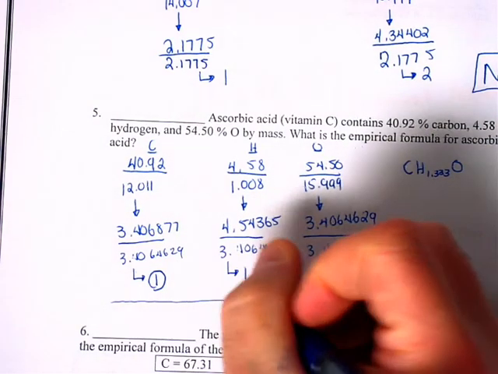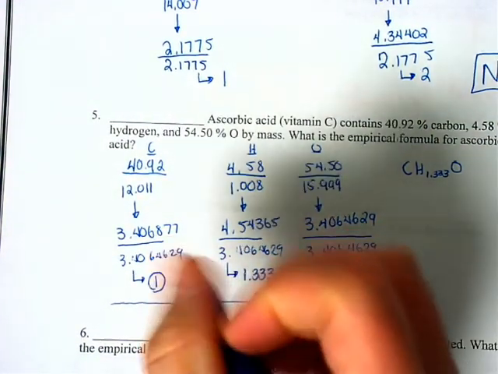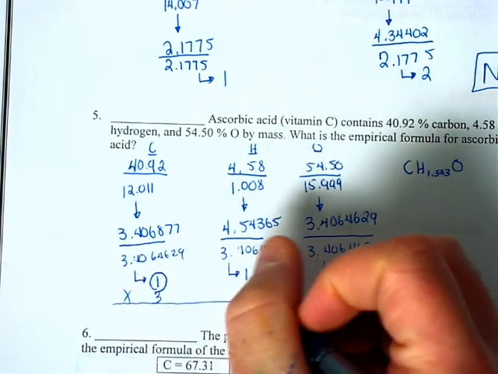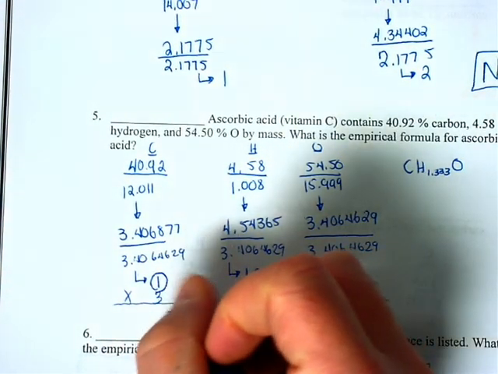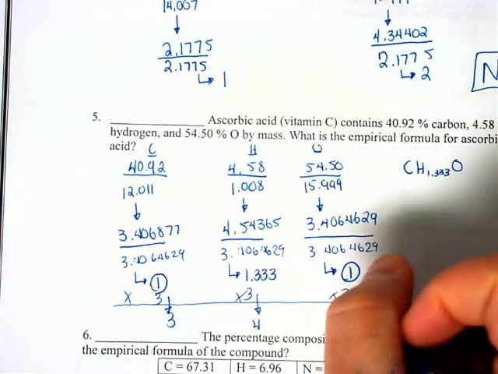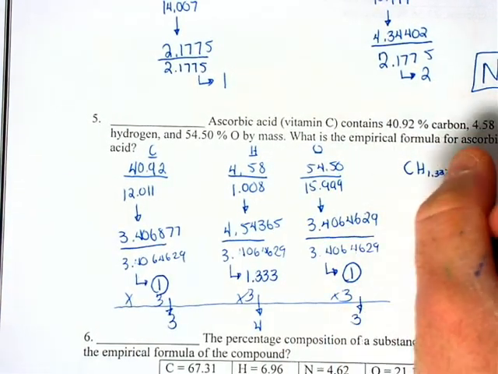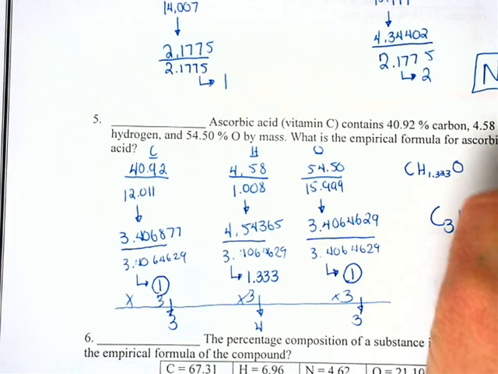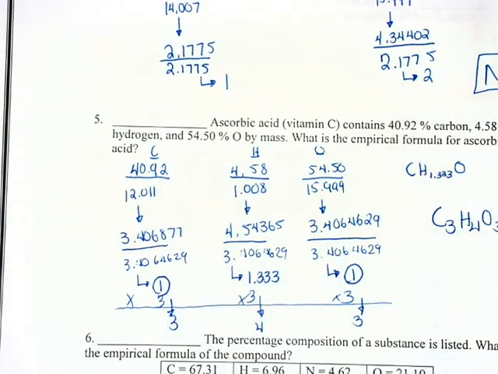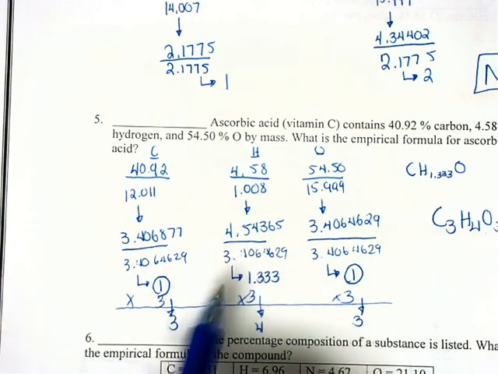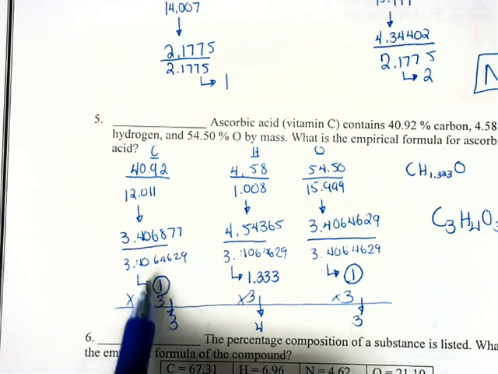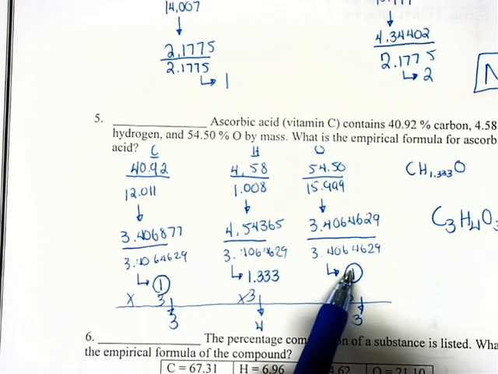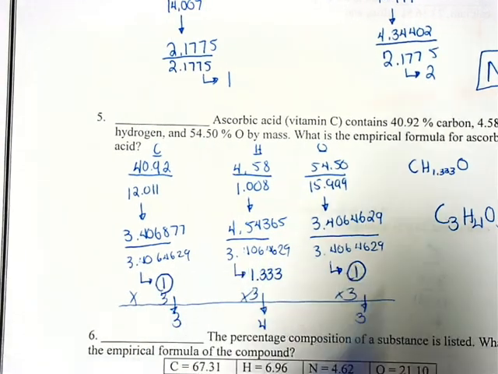So I could make it a 4, but since I'm multiplying everything by 3, because if you do it to 1, you've got to do it to all, that would make the carbons 3, and the O's would be 3. So this would be C3H4O3. Y'all see how we got that? A little bit of a trick at the end, that if you don't get a whole number when you do that final division of the smallest one, multiply each of them by the same number to get whatever number is not close to whole.